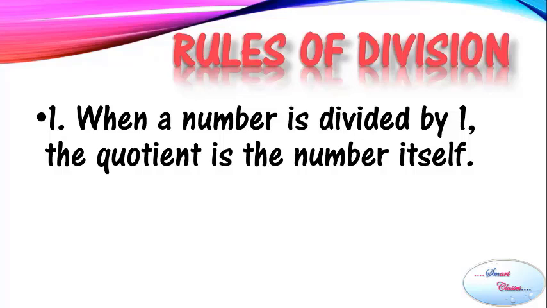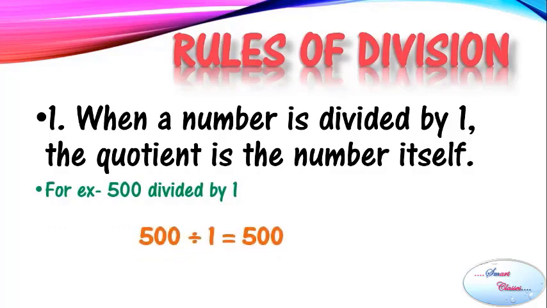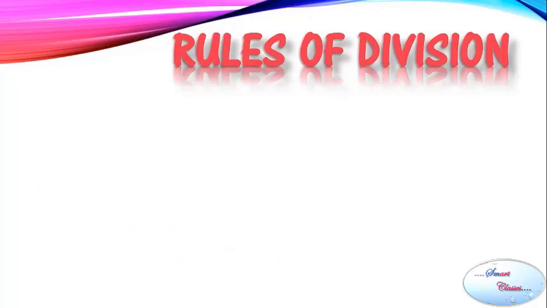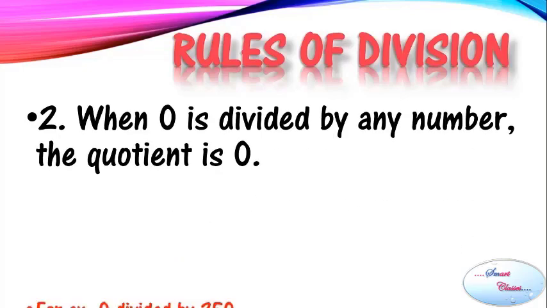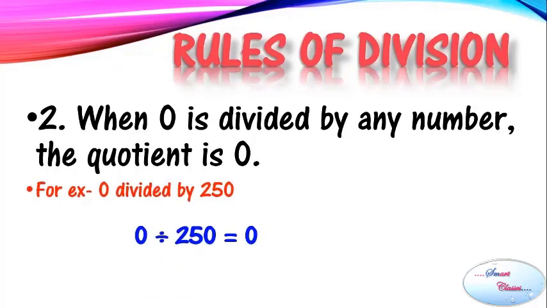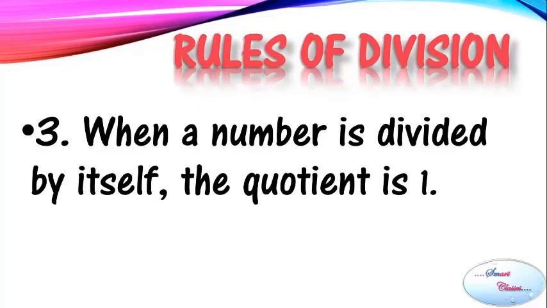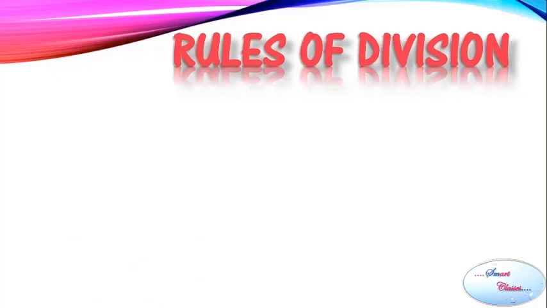Rules of division. When a number is divided by 1, the quotient is the number itself. Rule 2. When 0 is divided by any number, the quotient is 0. Rule number 3. When a number is divided by itself, the quotient is 1.